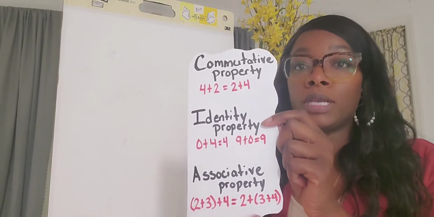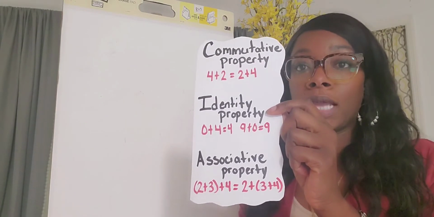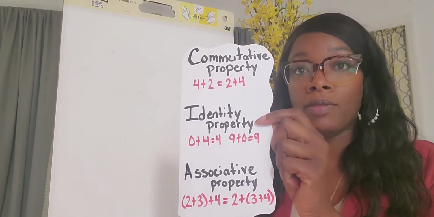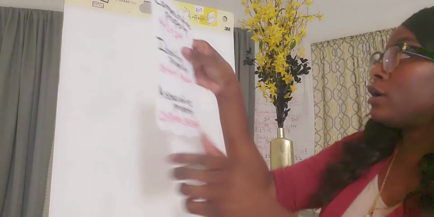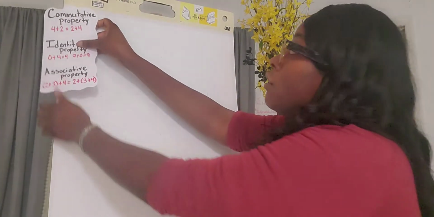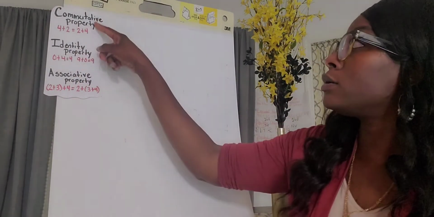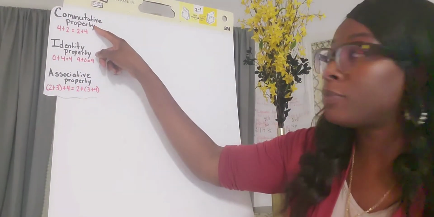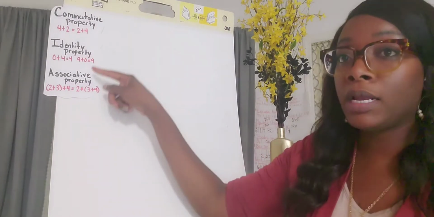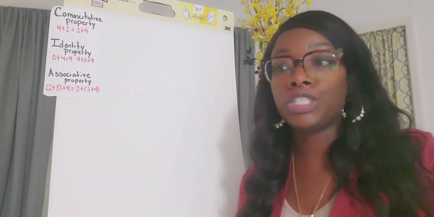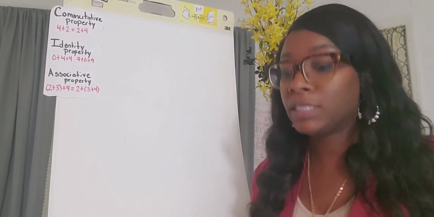So we still would get the same sum or the same answer no matter how we add those numbers. So those are 3 of our vocabulary words for this week. Commutative property, identity property, and associative property, all of addition. Now let's get into our lesson.